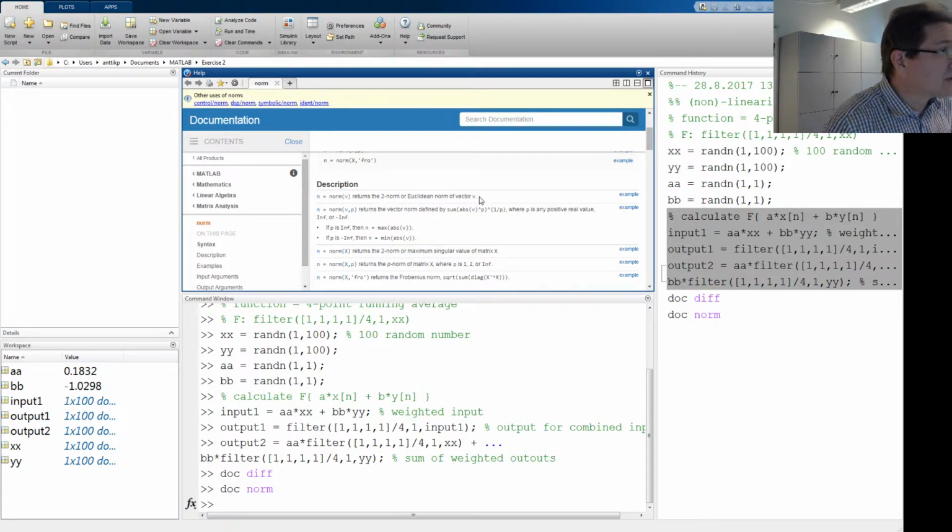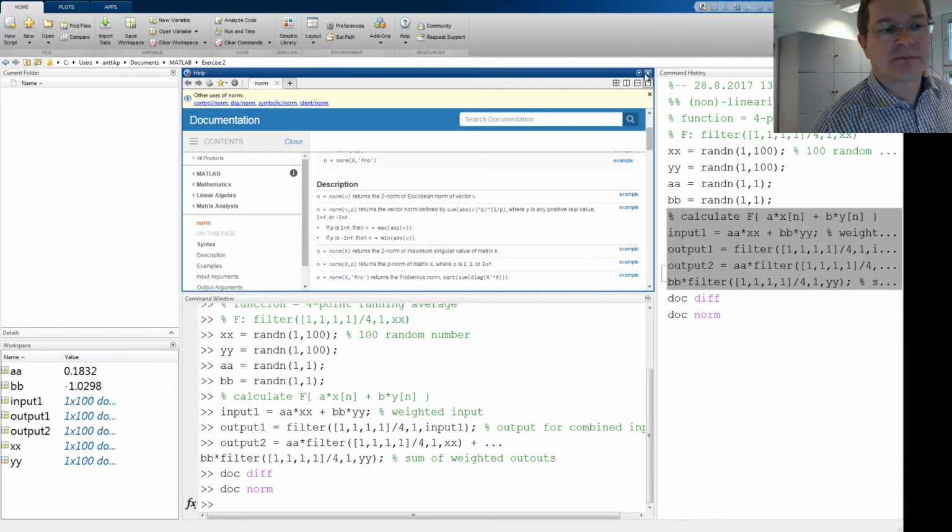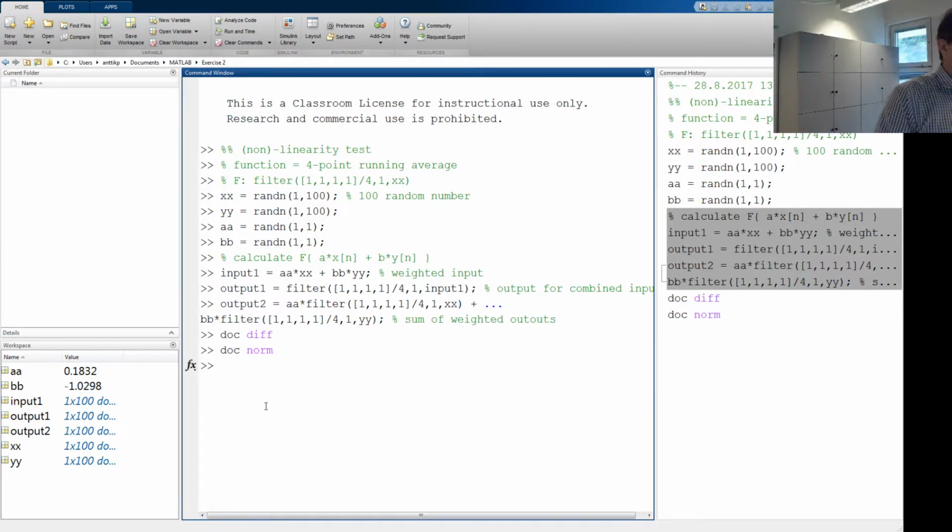So that's the distance or the length of the vector. Okay, we use norm. Sorry about the diff. It's actually the difference between those vectors. So calculate, sorry about that, the second norm. The difference vector would still be a vector, but the norm is a scalar number. Easier to compare.